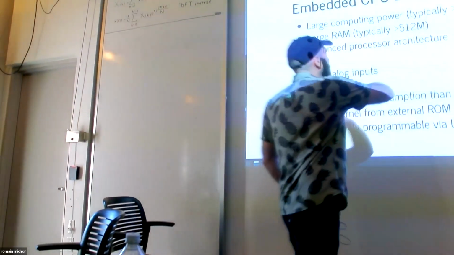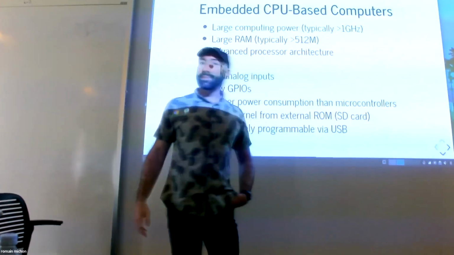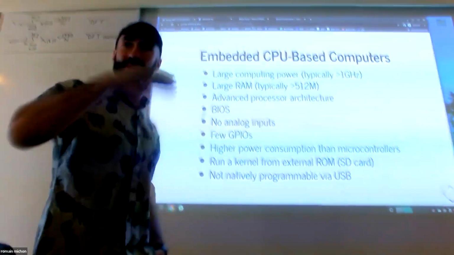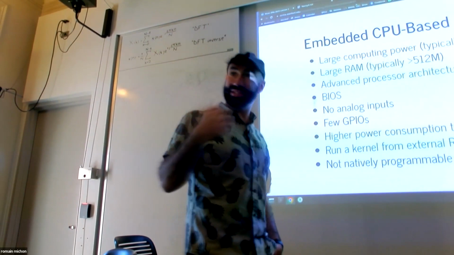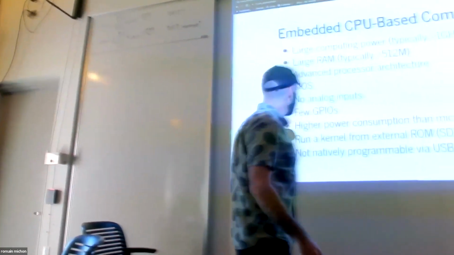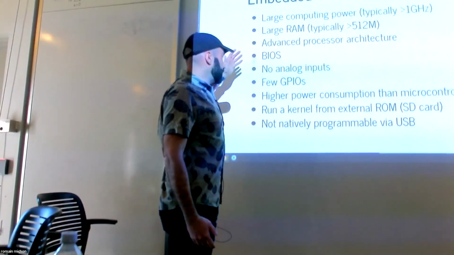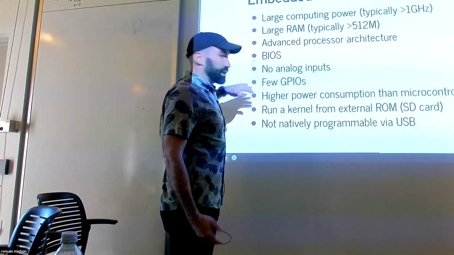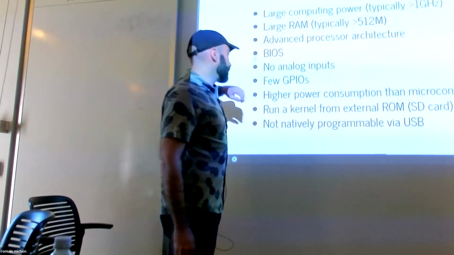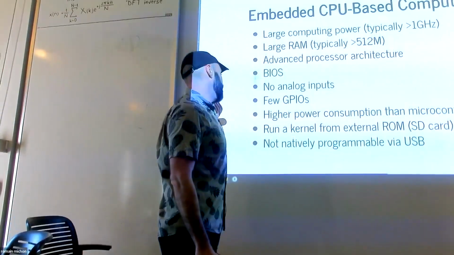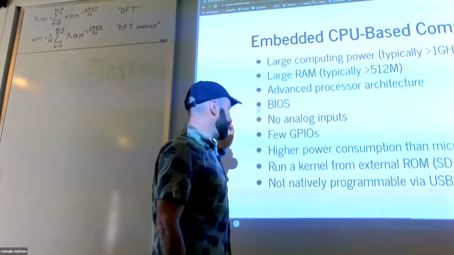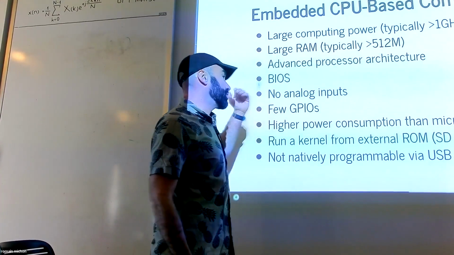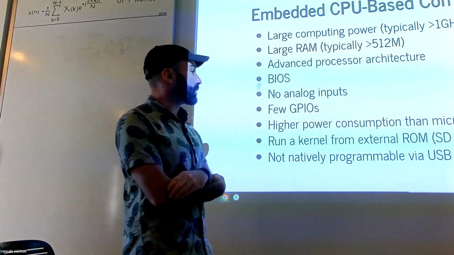You have tons of RAM, 512 megabytes on basic Raspberry Pi models, whereas you only have 1 megabyte on the Teensy. There are no analog inputs, but that can easily be changed if you add an external ADC. It's not natively programmable with USB, and it has much higher power consumption than a microcontroller.